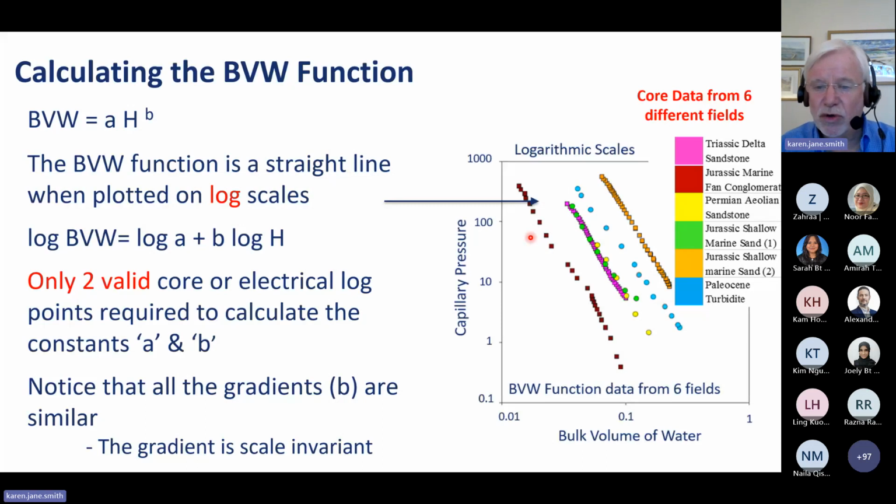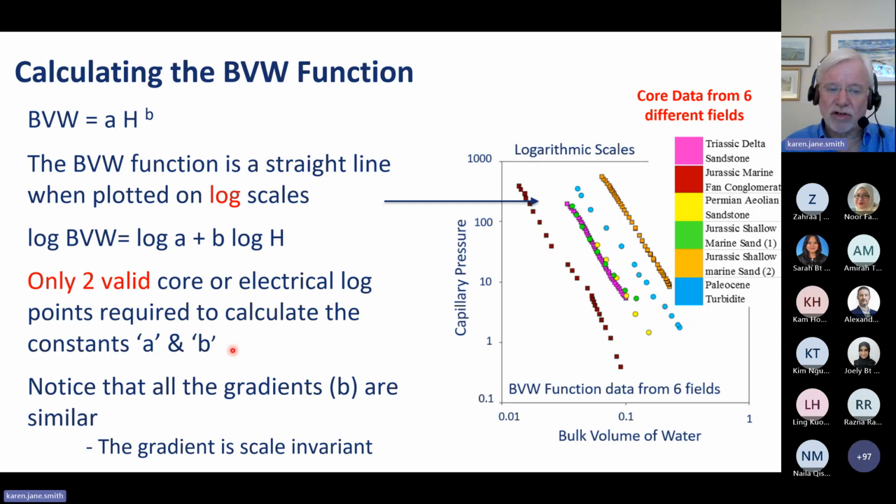So if we wanted to derive a function for these fields, a straight line can be defined by 2 points. So we only needed to take 2 good core points from these reservoirs to derive the SDI functions. But what you notice is that these lines are parallel.